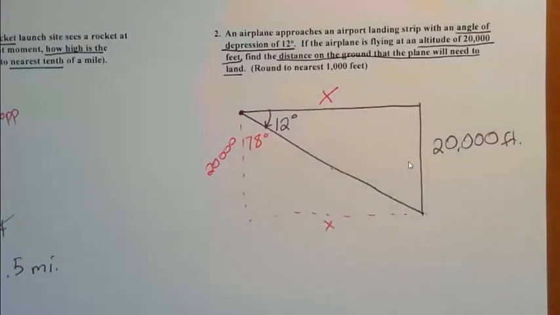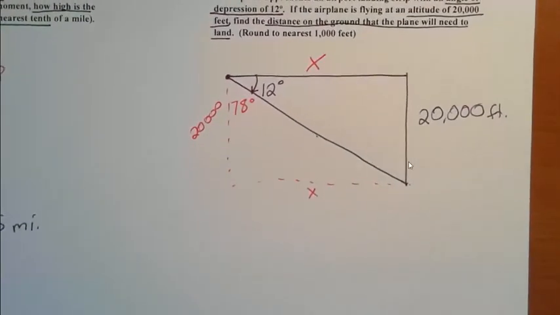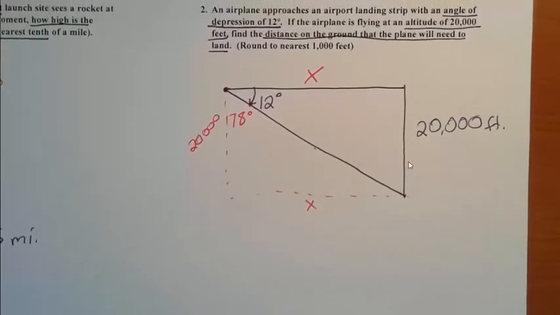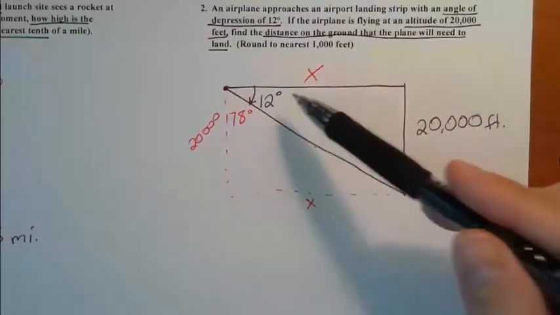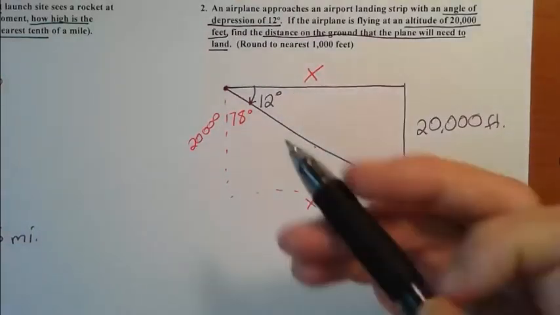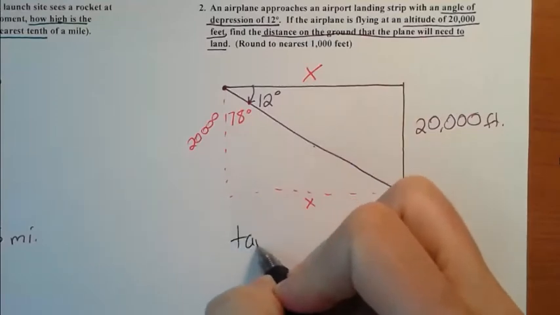It doesn't make a huge difference, but in this case, we'll just use our original diagram to solve our problem. And so now we're going to find x. Similar to last time, now we have tangent of 12 equal to 20,000 over x as our function.